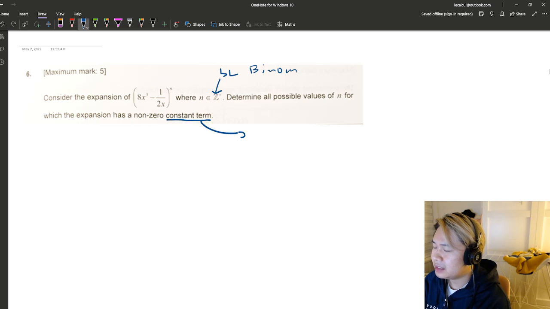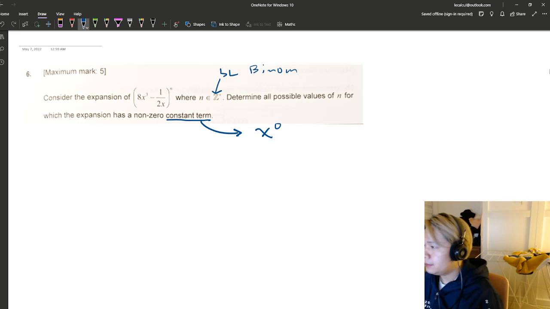Constant term means that we have no power of x. And then what we can do is just do our normal binomial theorem expansion.